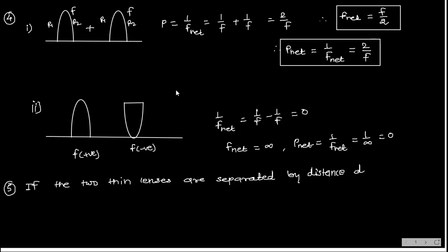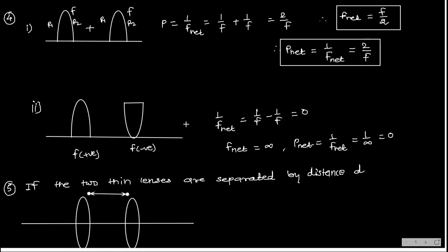Then how to find the net power or even the focal length? How to find the net focal length of that combination? For example, this is lens number 1, this is lens number 2, right? And this is the principal axis. And now these two are separated by the distance d. The separation distance is d.